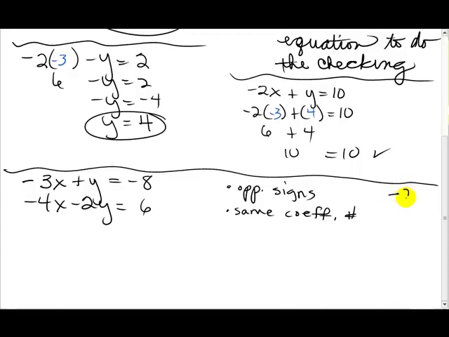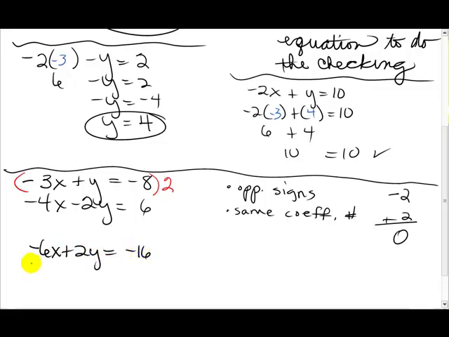You know, negative 2 and 2, when we add those together, that's what gives us 0. So here, if I had a positive 2y, then that would cancel. So I'm going to manipulate this equation by multiplying it times 2, so I'll end up with a positive 2. So I'll have negative 6x plus 2y equals negative 16.